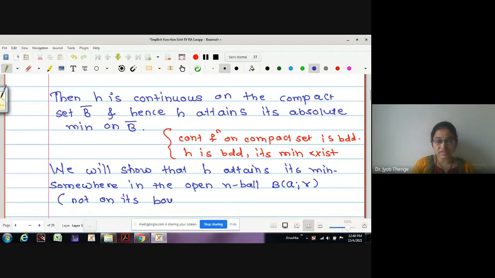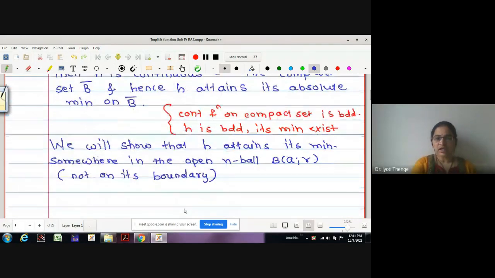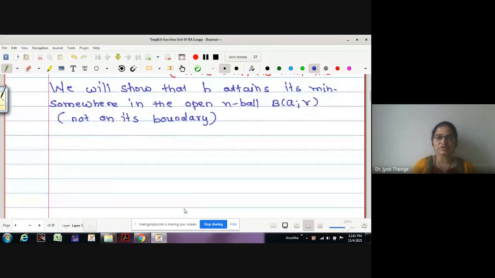It is inside the open ball, not on the boundary. Now first we will try to find the value of h at the center.